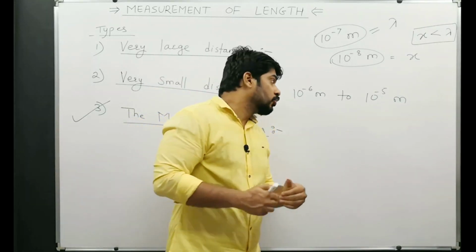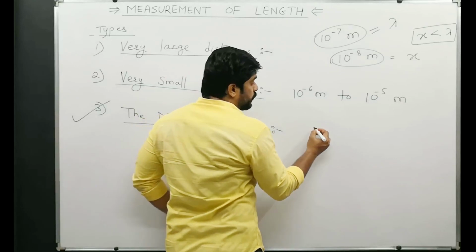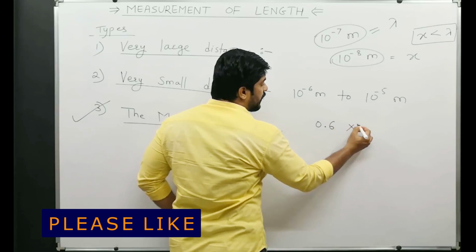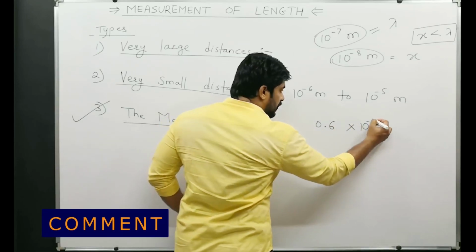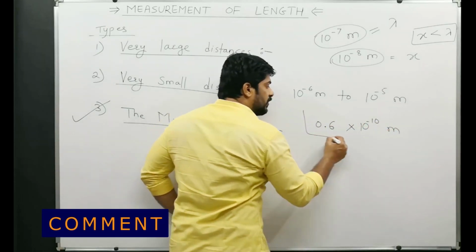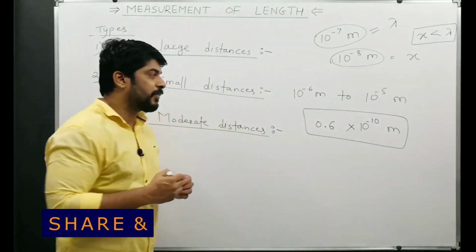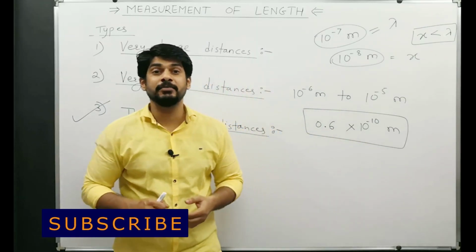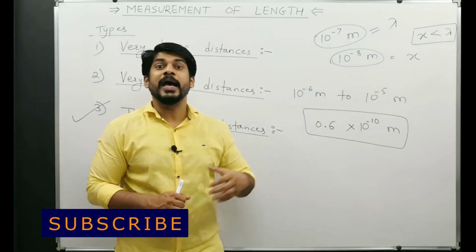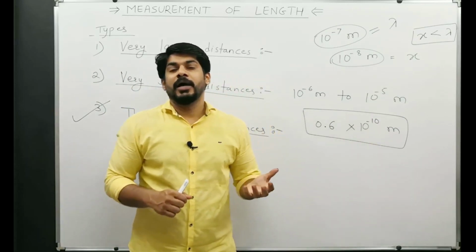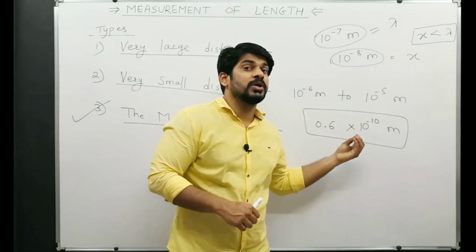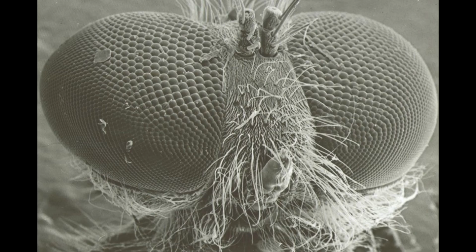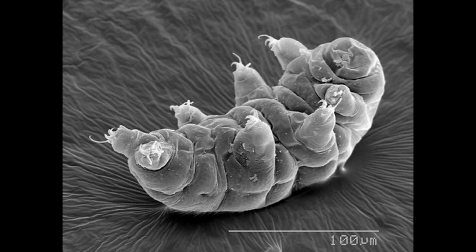In fact, to be precise, electron microscopes which can measure sizes of the order of 0.6 times 10 raised to minus 10 meters have already been built, and these instruments are able to produce high resolution images of very small objects like these.